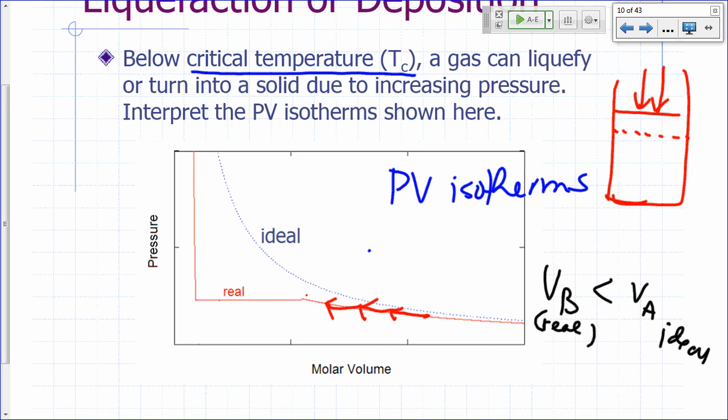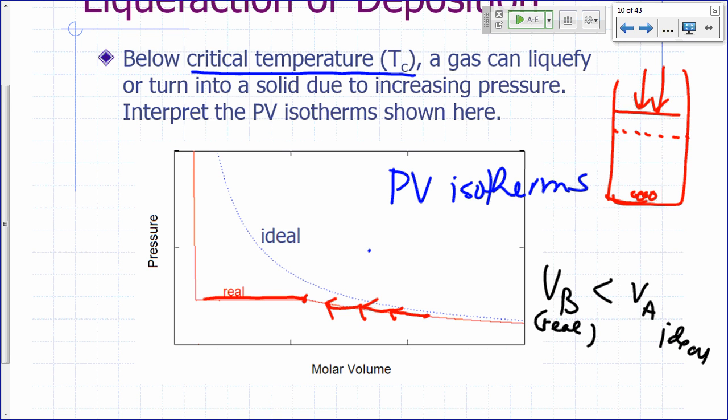But eventually you get to a point where you can change the volume, but the pressure is not going to change at that temperature. How could that happen? That's the point where your gas starts turning into a liquid or a solid.